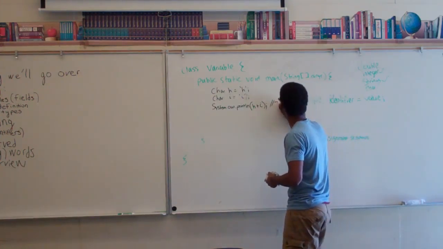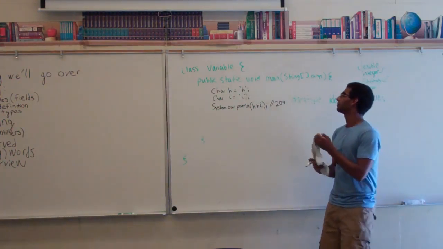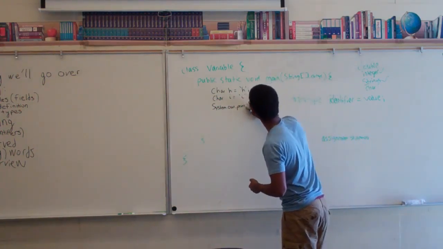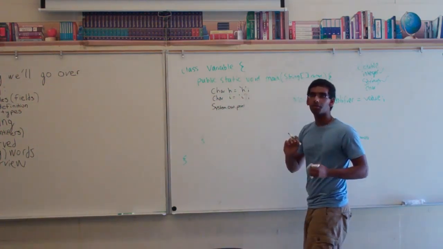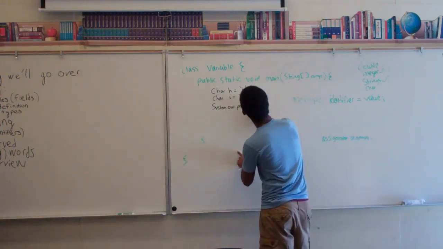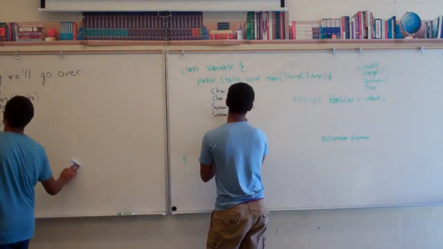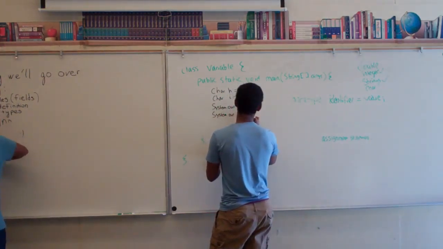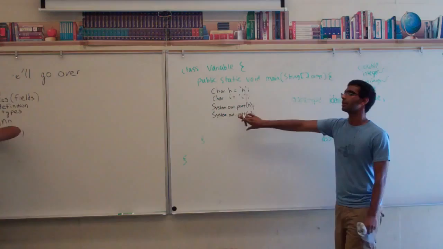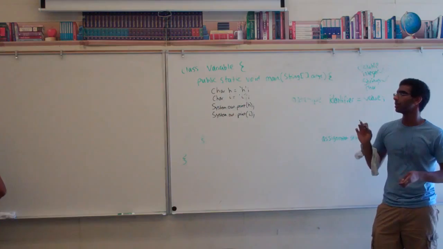This should print out 209, and I promise we'll go over that in a separate class. But the way to get this solution working right now is, remember in the first class we talked about how if you don't want the new line, you can just do System.out.print. So you would just print the value of h, and then in a separate line you would do System.out.print the other value. And this would print it both on the same line. And I promise we'll go over why the previous example prints out numbers in an upcoming lecture, okay?